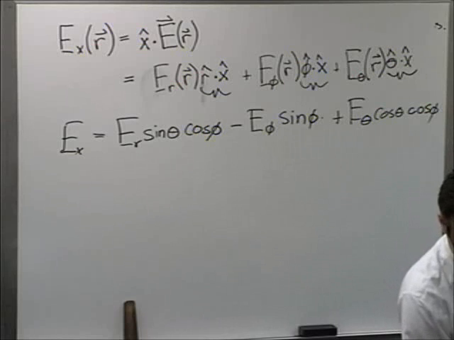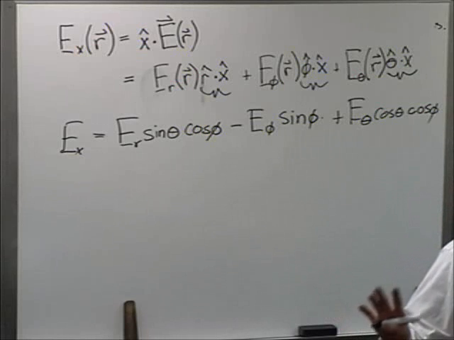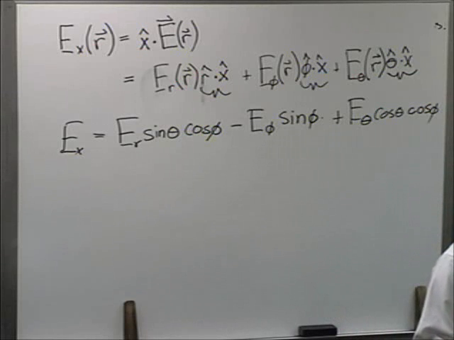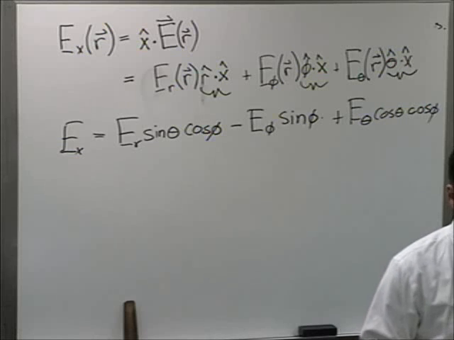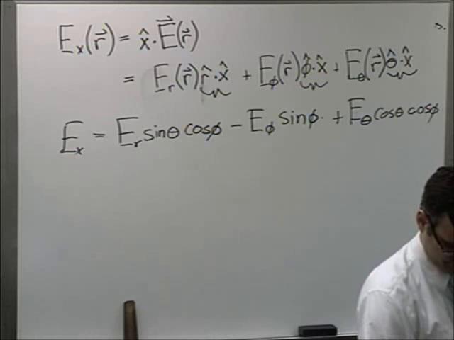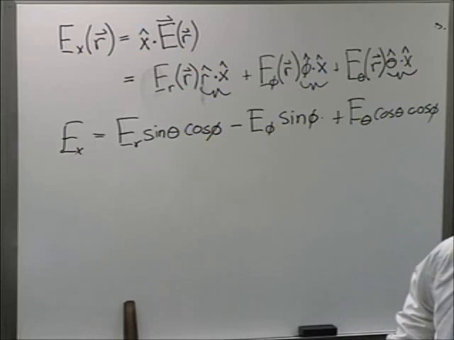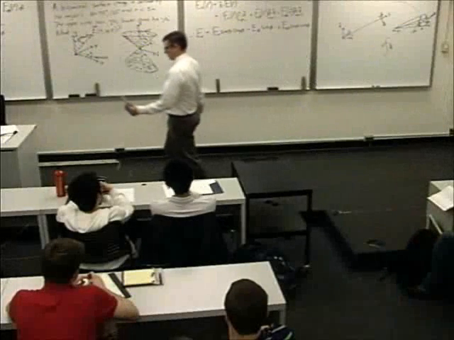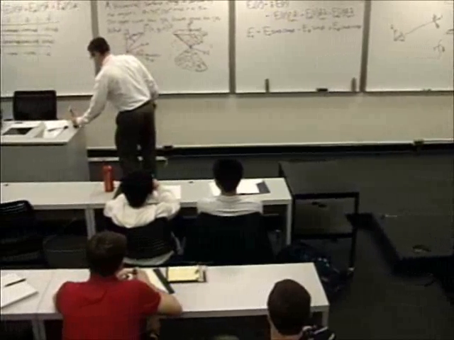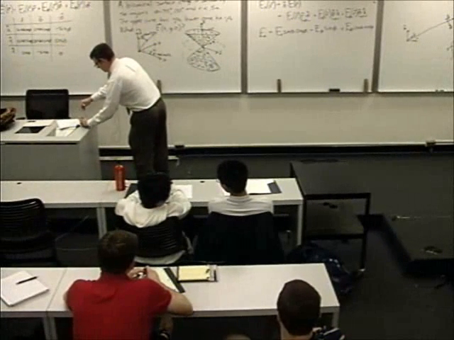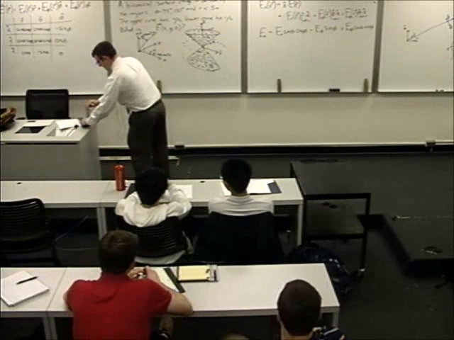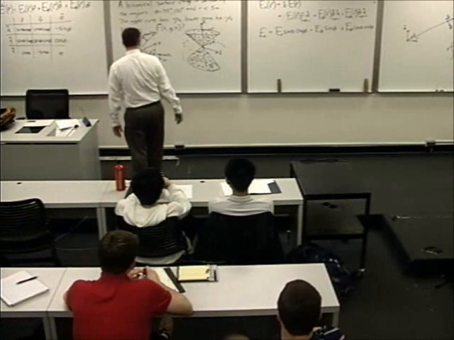Okay. So now that we got all that out of the way, I think we're ready to finally solve this conical problem. You ready? Okay. Here's our conical problem. First I'm going to apply some symmetry arguments here.